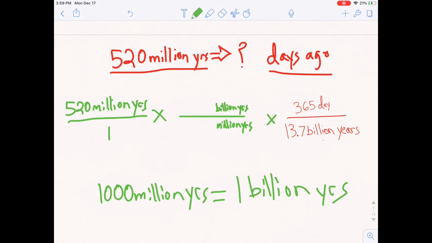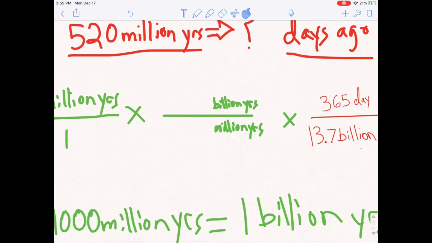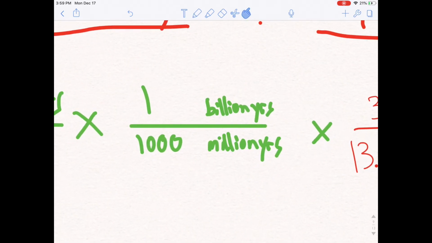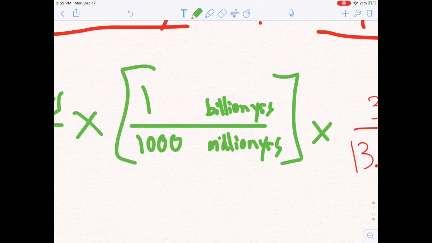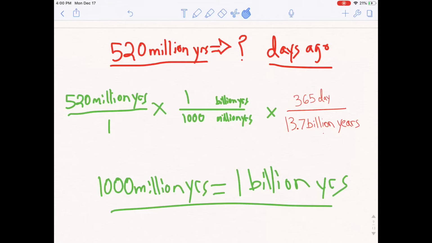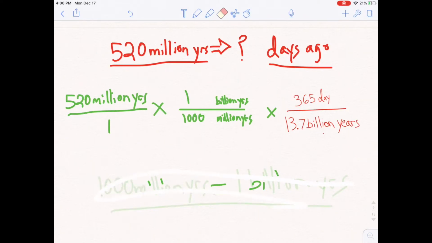So I can turn that into its own conversion factor. Easy peasy lemon squeezy. Because I know that 1,000 million years goes into 1 billion years. And then this new fraction equals 1. So I can use it. I can multiply that into anything and it'll equal itself. Yippee. Let me get rid of this.